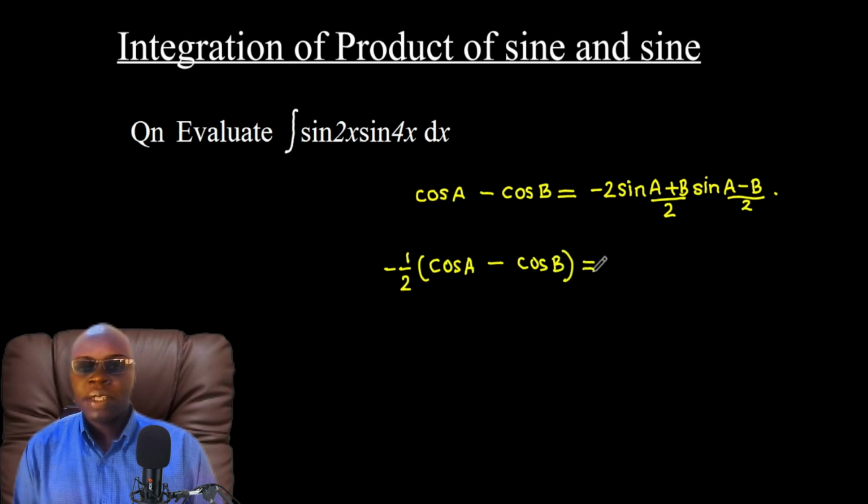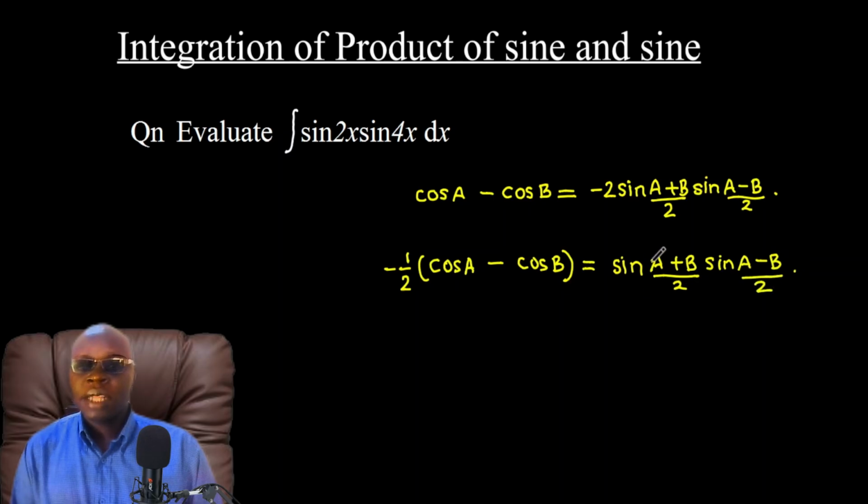Then this is equal to, since we've divided both sides, sine of (A plus B) over 2 times sine of (A minus B) over 2.